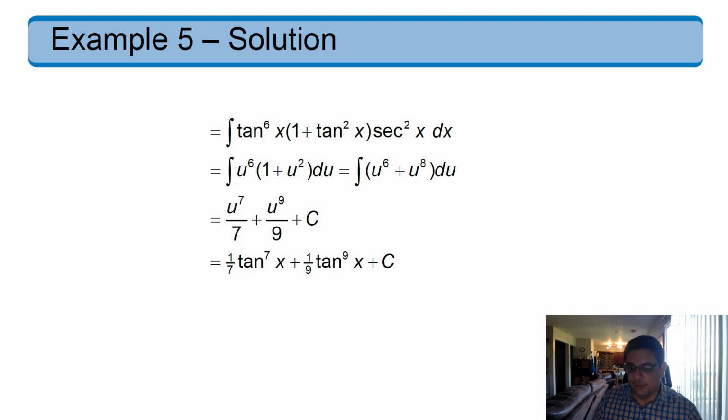This is a basic antiderivative, so we have u to the 7 divided by 7 plus u to the 9 divided by 9 plus c. And then we can go back and replace the original variable u equals tangent, getting 1 over 7 tangent to the 7 of x plus 1 over 9 tangent to the 9 of x plus c.